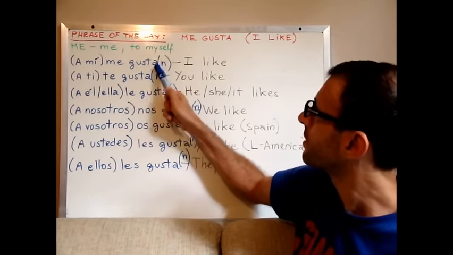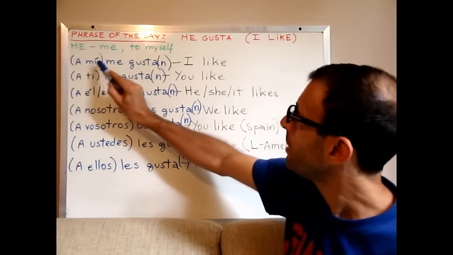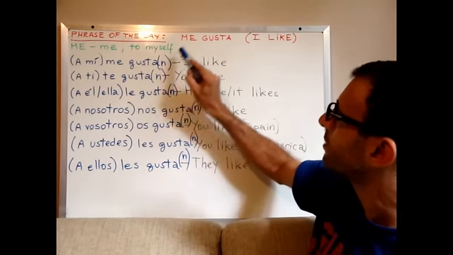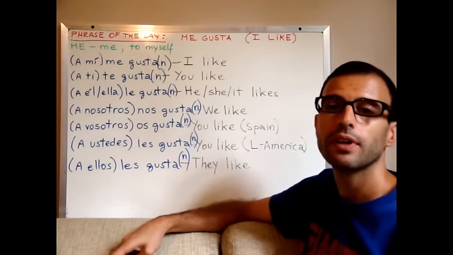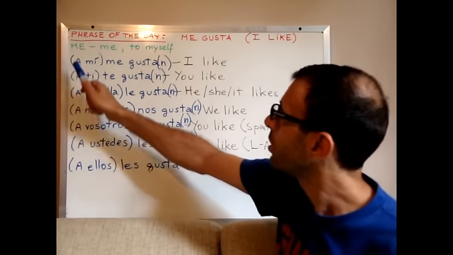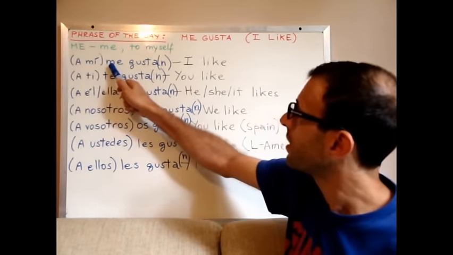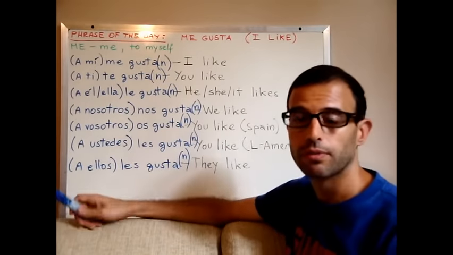myself like, right? So, if I want to say, a mí me gustan las manzanas, that would be, I like apples. Literally or word by word, this will translate like this. To me, myself like apples, right? Or the apples.